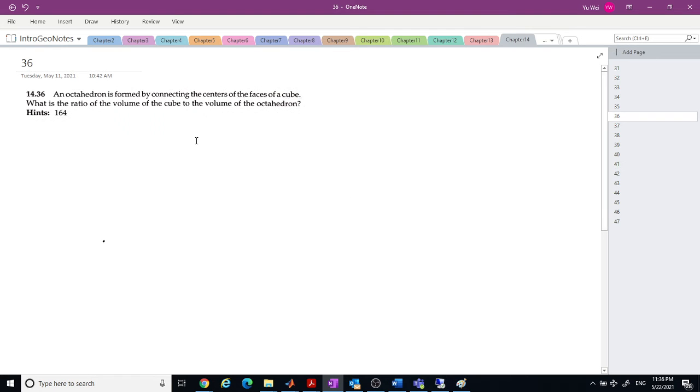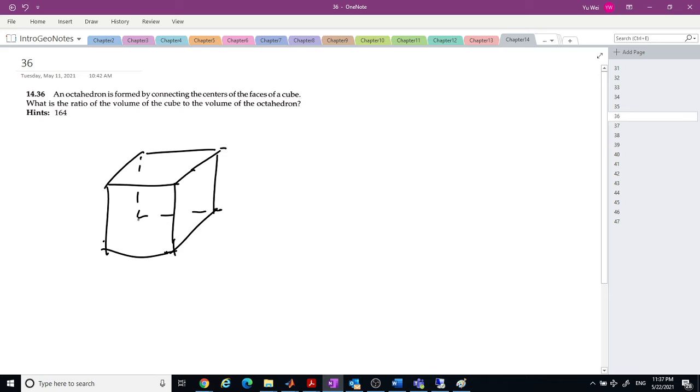Now next, we have the octahedron, which is formed by connecting the centers of the faces of the cube. For a cube, there are 6 faces, and each face has a center, so we have the 6 centers.